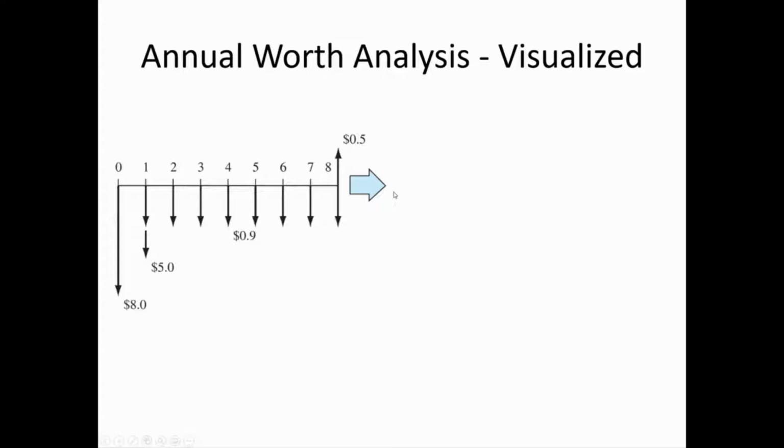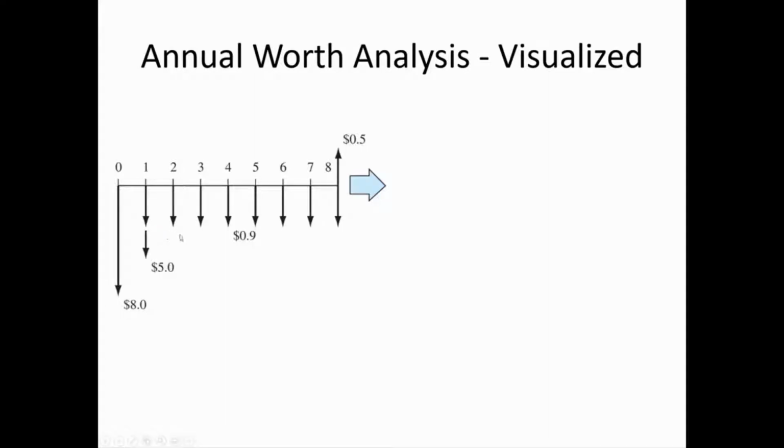So what annual worth analysis does is it says, let's convert everything into an annual worth that isn't already. Some of this is already expressed as an annual worth. That $0.9 million of operational costs each year is already an annual worth. And remember, an annual worth is continuous and unbroken, meaning that there are no gap years.